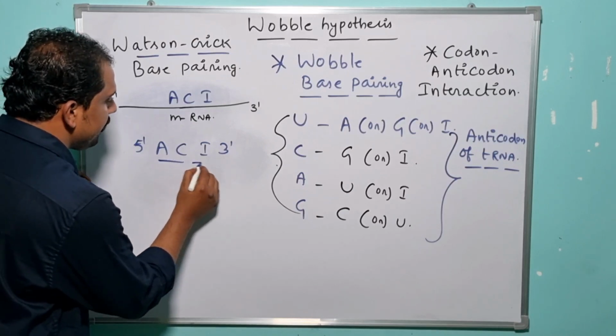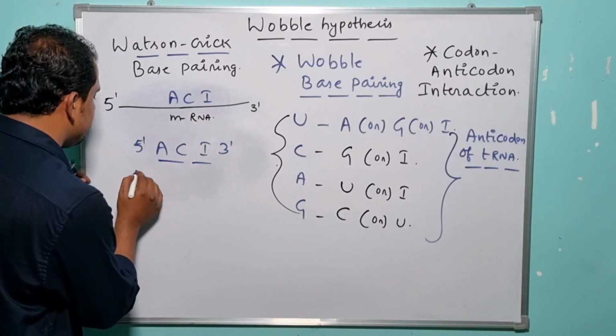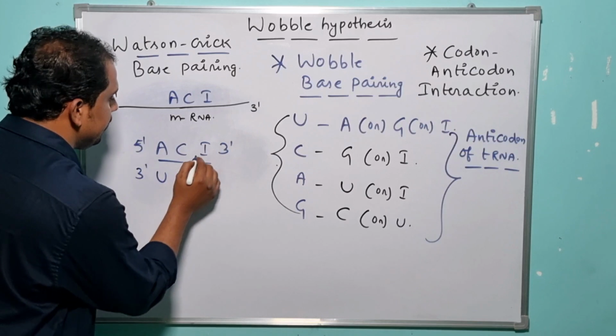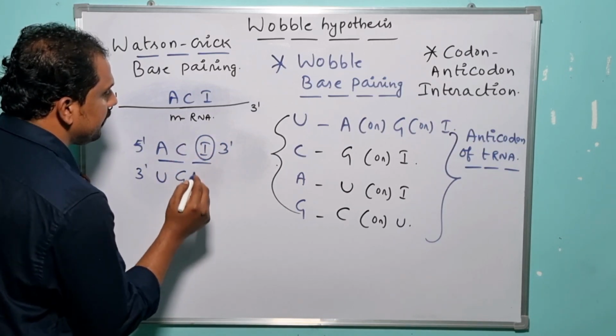And here the specific codon of the mRNA is capable to encode with the various anticodons: the complementarity of A is U, the complementarity of C is G, and here the specific inosine nucleotide is capable to encode with 3 nucleotides, right?